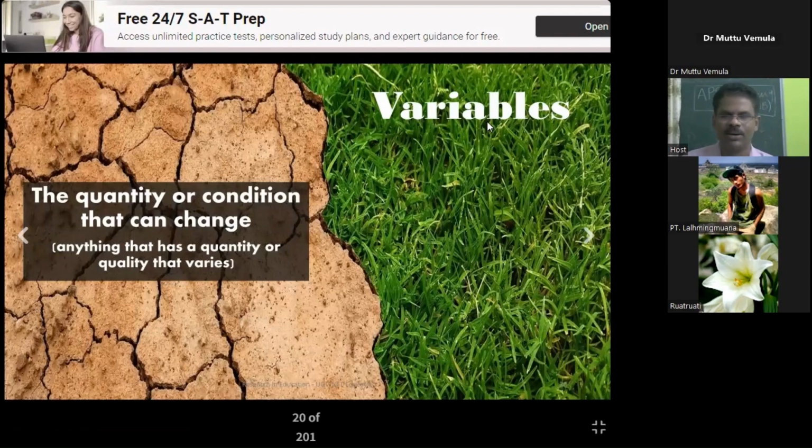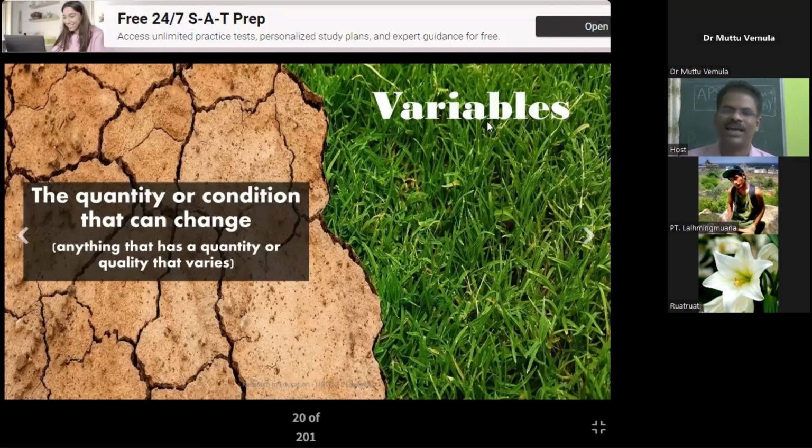For example, your name is a constant. My name is Dr. YAKAIAH, that's it. All right. If somebody else's name is Lal Chudni, it is Lal Chudni forever. Normally names are constant, but your age, my age 10 years back was 44 and now it is 54, which is a variable. The teacher who is teaching the class is a constant, but the method the teacher uses to teach the class is a variable because the method changes.